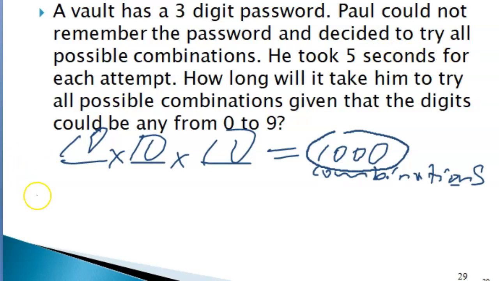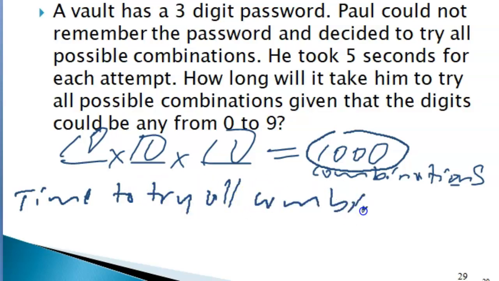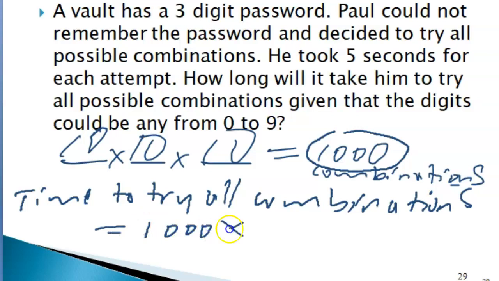So the time required to try all combinations. Remember, it's 1,000 of them, and he's taking 5 seconds for each. So that's 1,000 times 5.